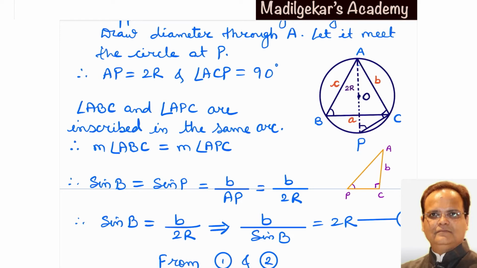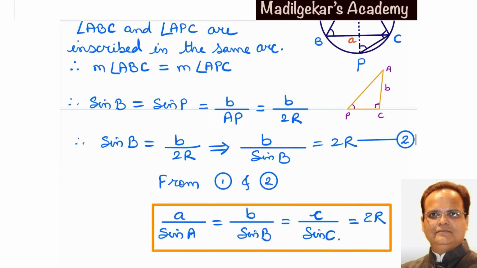So we get sin B equals b upon 2R, or you may say b upon sin B equals 2R. So from 1 and 2, we had already proved b upon sin B as a upon sin A and c upon sin C. It means all the three ratios are equal to 2R. So this proves the sine rule.